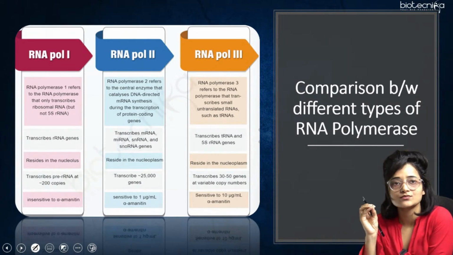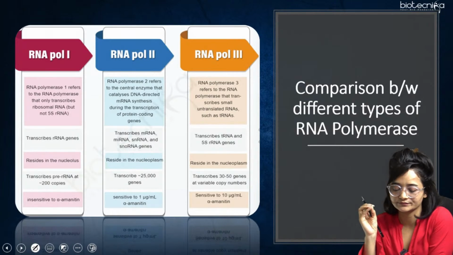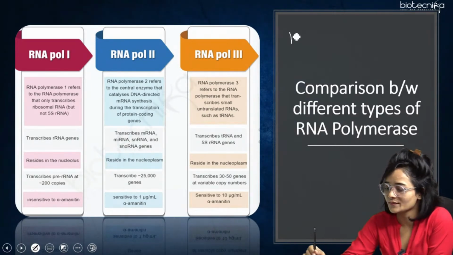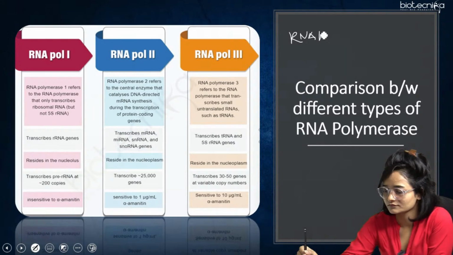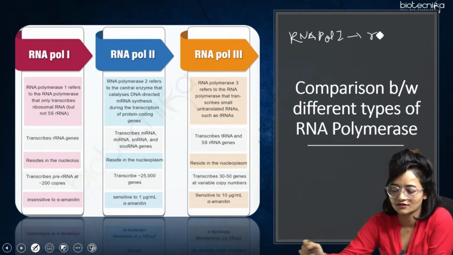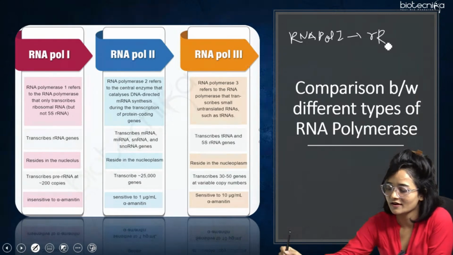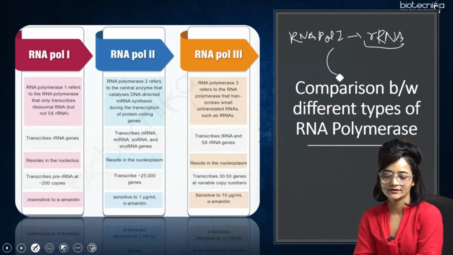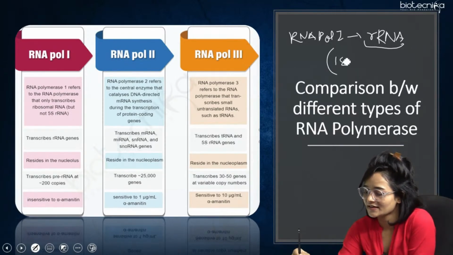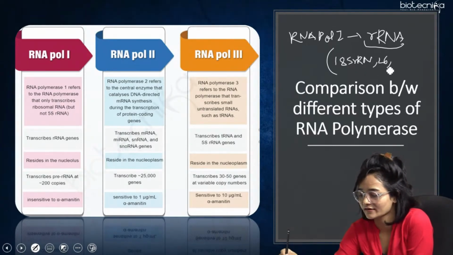RNA polymerase 1 is the RNA polymerase that only transcribes ribosomal RNA, right? So basically RNA polymerase 1 synthesizes rRNA. In rRNA, you would know that there is the 18S rRNA, there is 28S rRNA, and there is 5.8S rRNA.